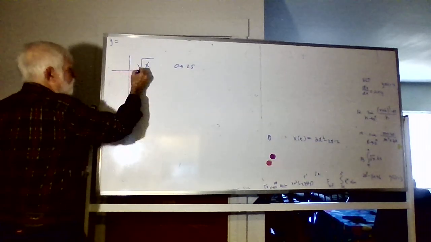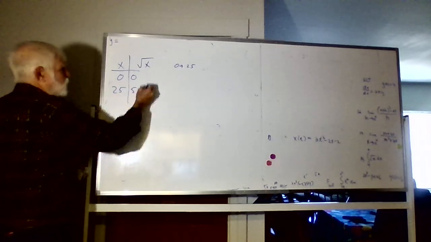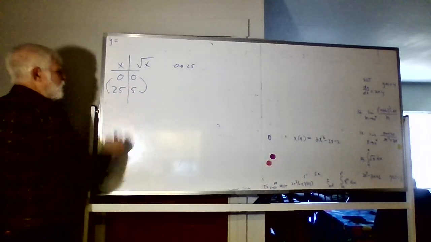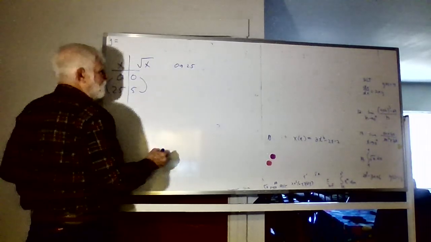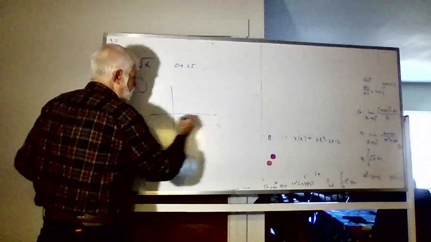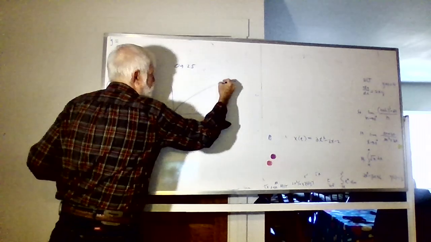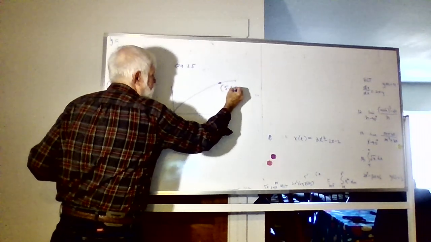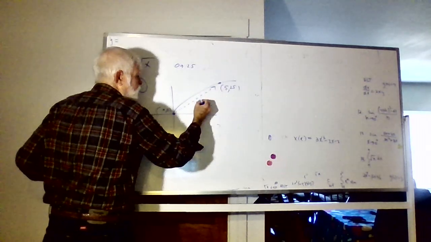The square root of x at 0 is 0, and at 25 is 5. So what's the change y2 minus y1 over x2 minus x1? That's going to be 5 divided by 25. Wait, the rise is 5 and the run is 25. You started here at 0, 0. You've got the square root function. You've got your 5, 25. So the rate of change is 5 to 1.